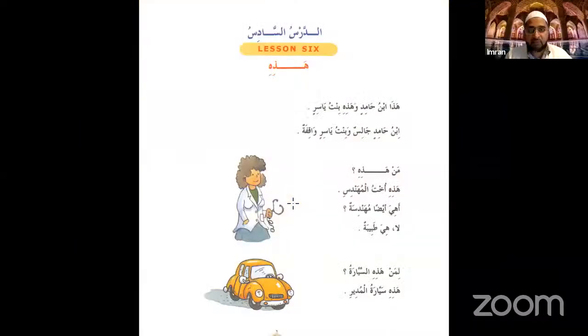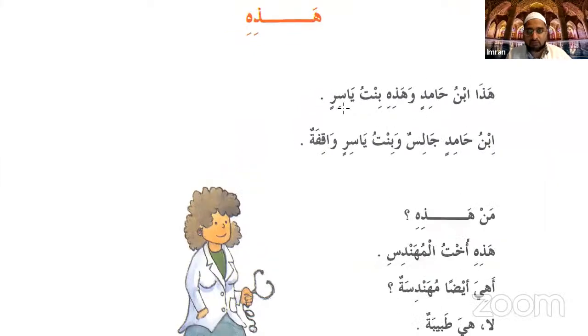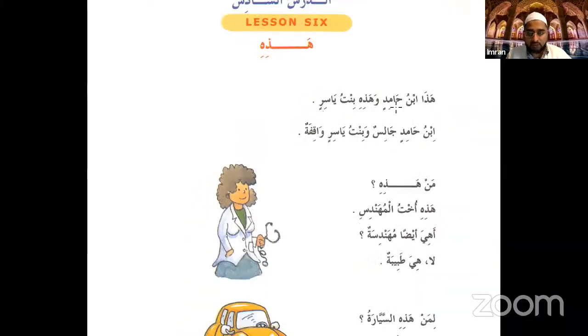Okay, now lesson number 6, it was about hadihi. Hadihi is the demonstrative pronoun for this, for female. Over here you will see we mix both of them together. We say Hada ibn Hamidin, because the mudaf ilay, we're pointing towards the son, not Hamid, but the son.